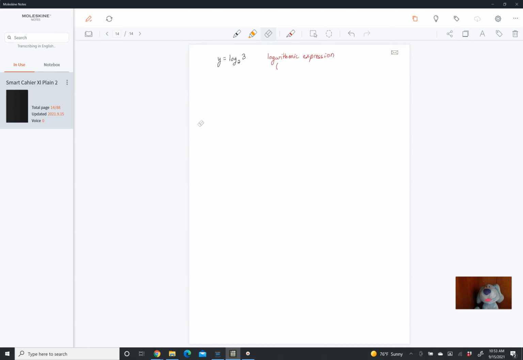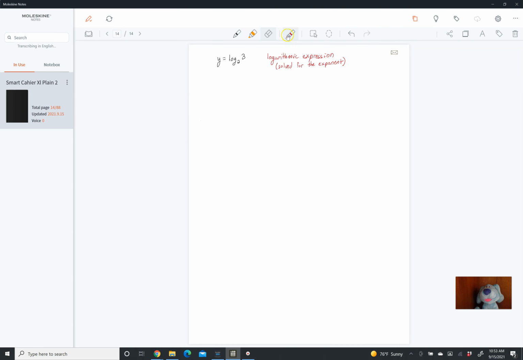Okay, and as we just said, a logarithmic expression is solved for the exponent, meaning the exponent is all by itself on one side of the equation. This is saying 2 to what power is equal to 3?